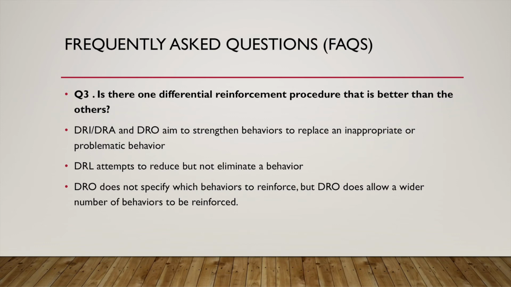The main difference is that with DRI or DRA, the adult determines the development of the incompatible or alternative behavior and target behavior, whereas with DRO, the learner's behavior determines which alternative behavior will be targeted and measured.